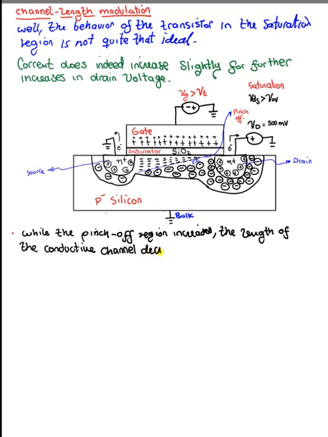So now we have more electrons in less area, keeping the width of the channel constant.